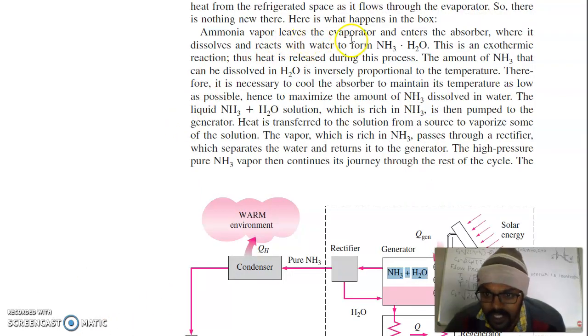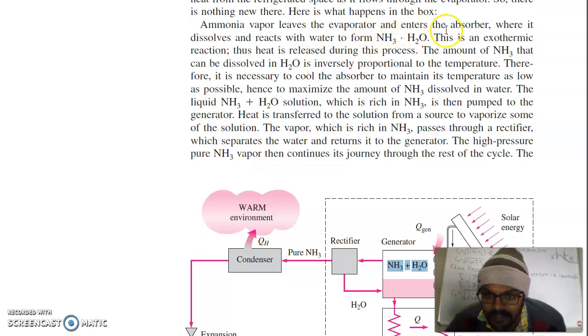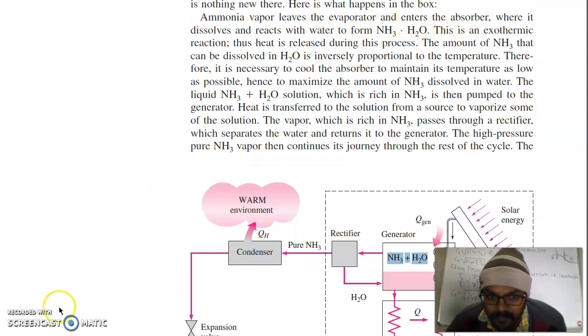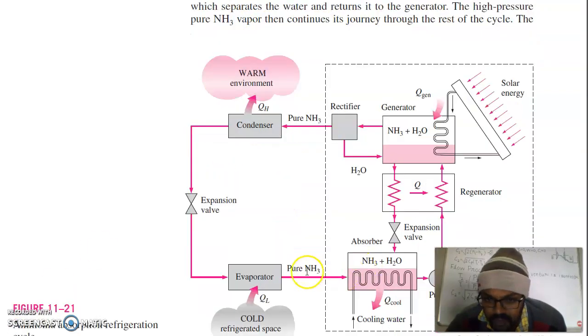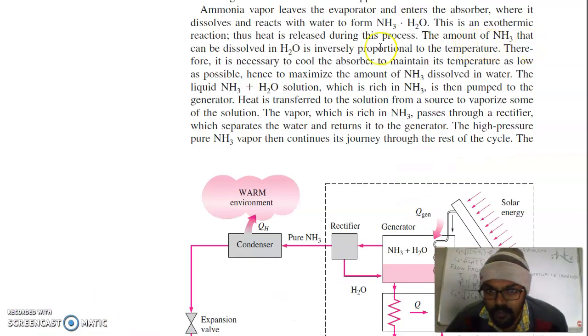Ammonia leaves the evaporator and enters the absorber, where it dissolves and reacts with water to form ammonia-H2O. So this ammonia attaches with the water, forms ammonia-H2O, and heat is released to the environment. This is an exothermic process. The amount of ammonia that can be dissolved in H2O is inversely proportional to temperature.